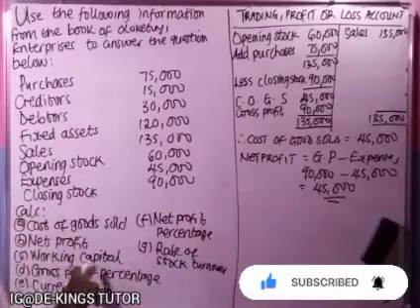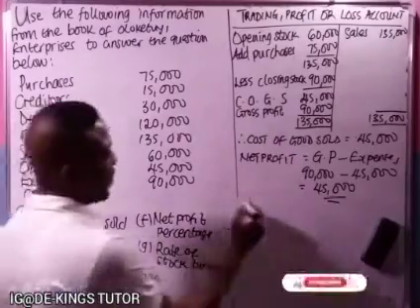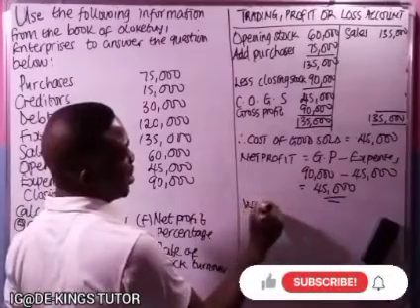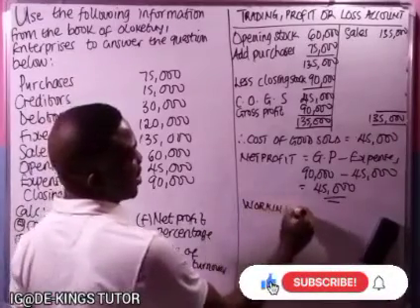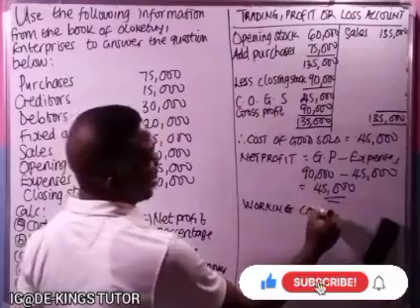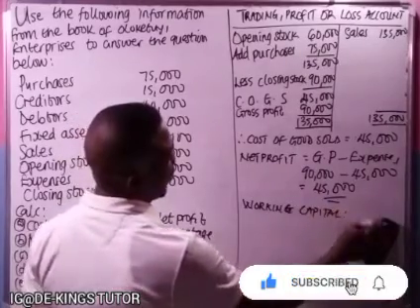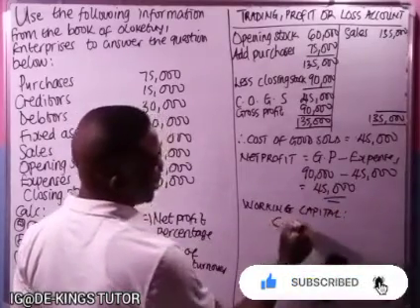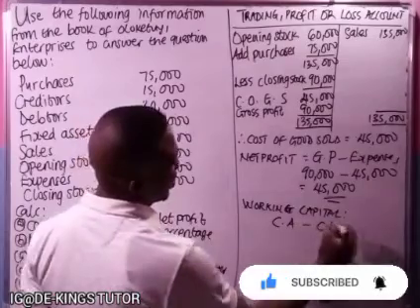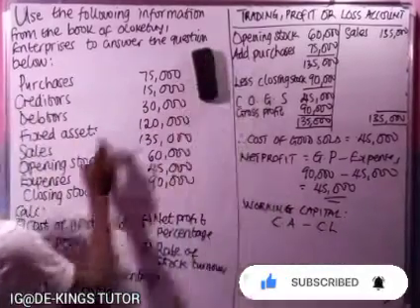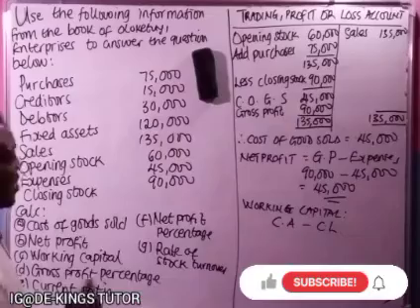The next one said working capital. The formula for working capital is current assets minus current liabilities. Now we're going to check what are the current assets here.